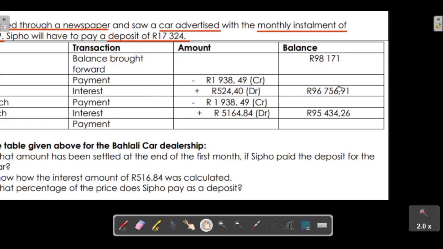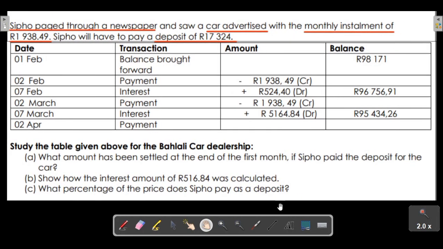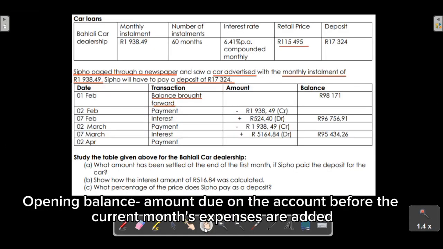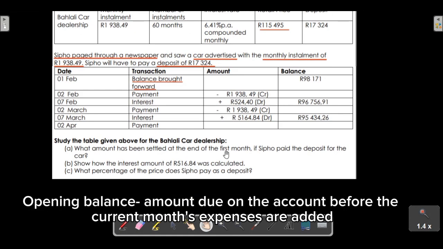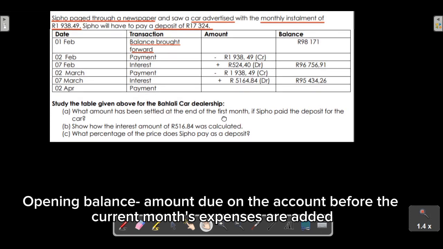With transaction summaries, you have what we call an opening balance. An opening balance is simply the initial amount that you are charged with. That's the opening balance that you have to pay.